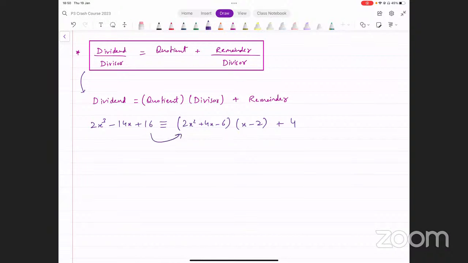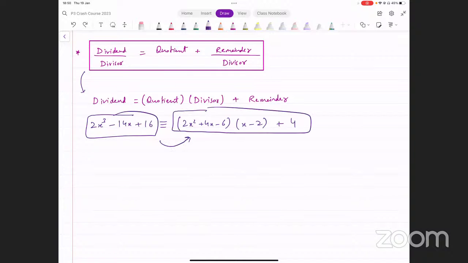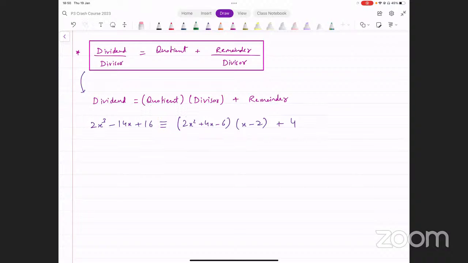If you were to expand this whole thing, you could try this as an exercise. If you were to expand this and simplify this, you're going to get 2x cubed minus 14x plus 16 back. It's not something different. It's the same thing, just written in a different form.